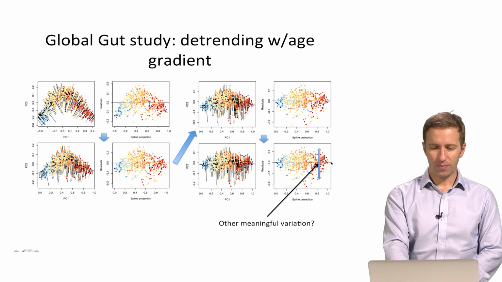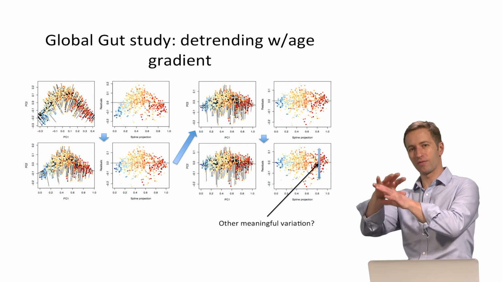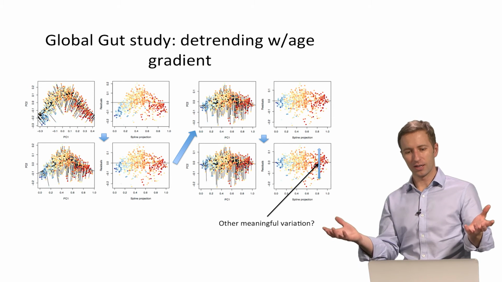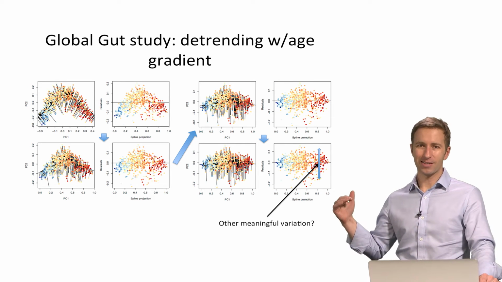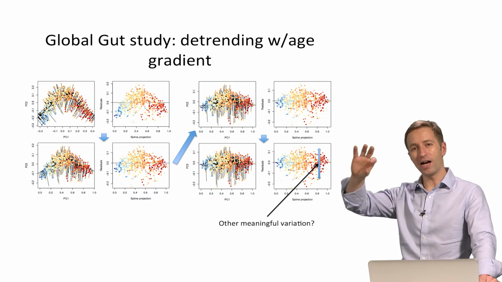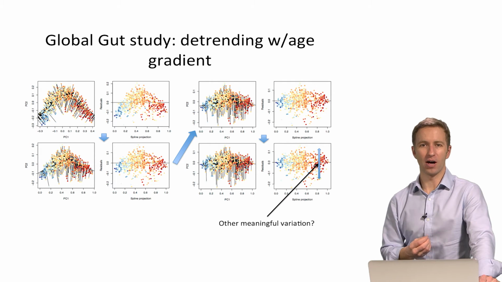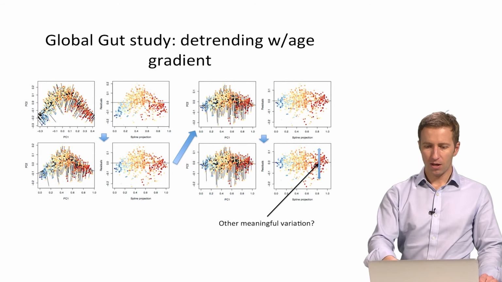And then you can have a nice pretty picture where you don't have that weird arch in it. Okay, that's nice. You might also start to ask, is the residual variation that's left over after you've regressed out that arch related to some other factor in your data?